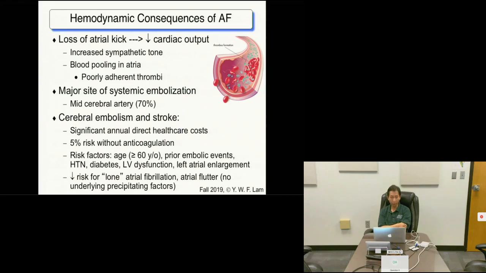And that is why, from an overall pharmacological management standpoint, and we'll go through that in the next couple of slides, if we have the opportunity to put the patient on an anticoagulant, it doesn't really matter at this point which one we choose.